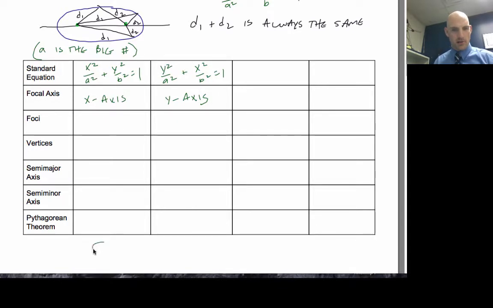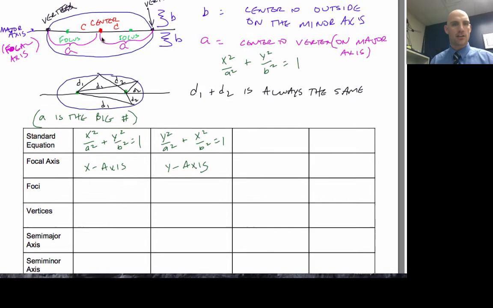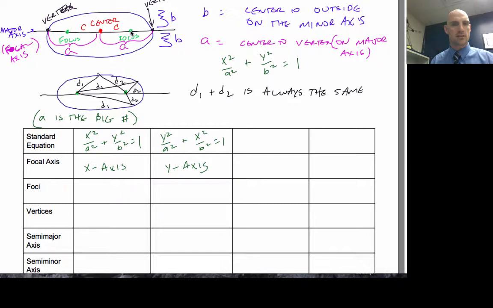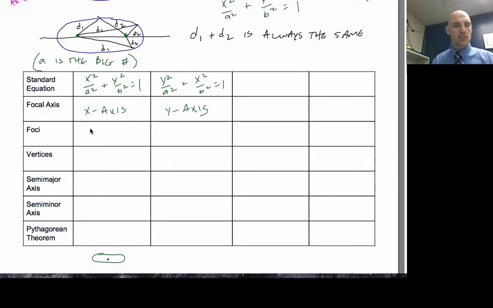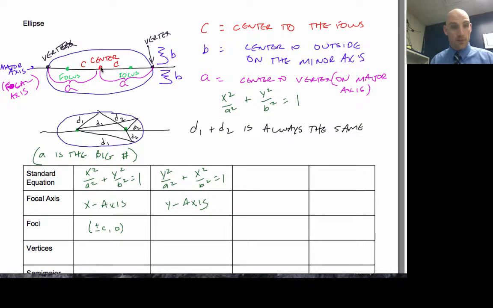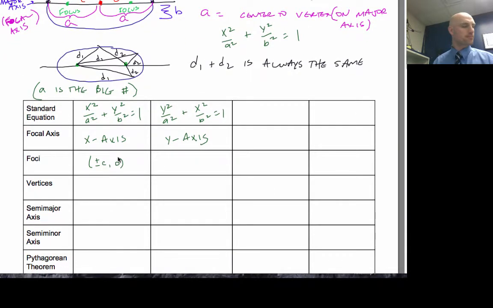It's going to look like this, right? Major axis is on the x. So think about this for a second. If my center is at 0, 0, which this tells me that it is, because my alternative would be to have the h, k, my foci would be, if my center is at 0, 0, and up here I showed you that the focus is distance c, so my foci would be plus or minus c comma 0, because they would be from the center 0, 0 out the distance c and out the distance c from there.